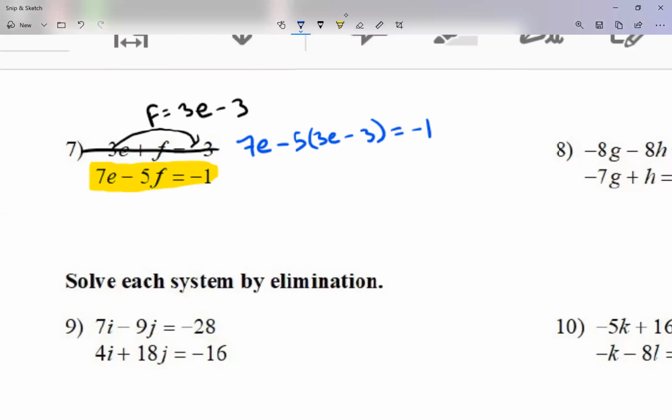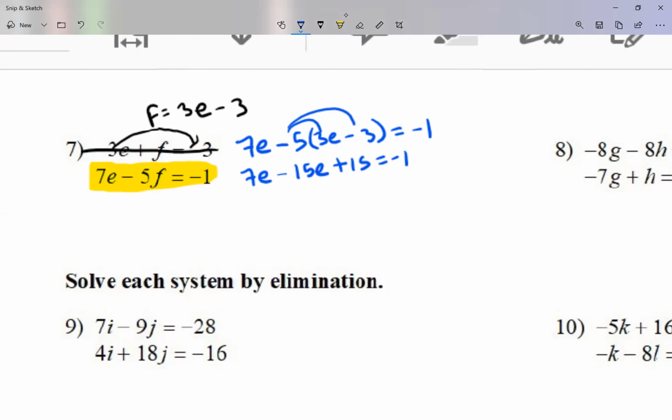Notice I wrote 7e minus 5f equals negative 1. But instead of f, I used 3e minus 3. All right, let me get rid of parentheses. So I have 7e minus 15e plus 15 is equal to negative 1. Right, don't forget to distribute the negative 5.